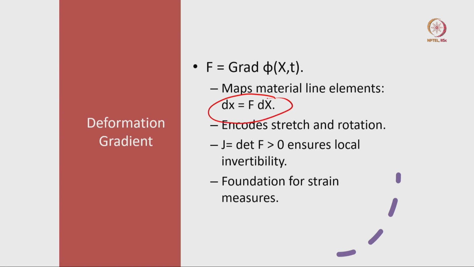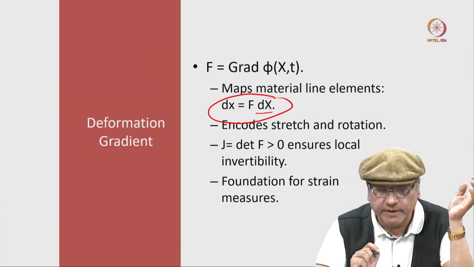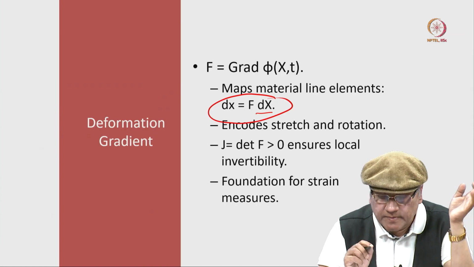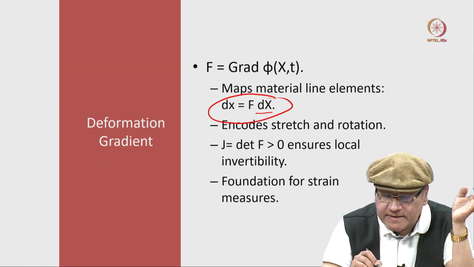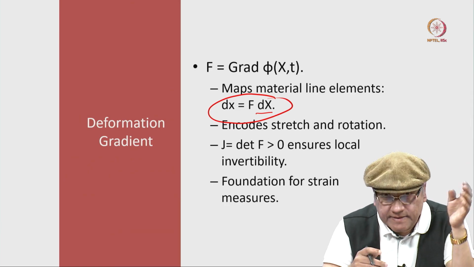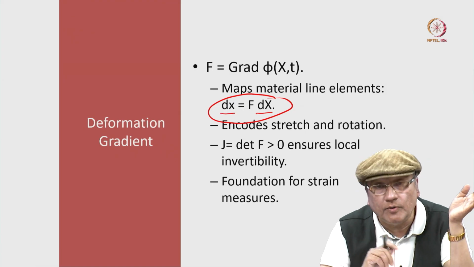So if you think of d capital X as a small line element in the material body, an infinitesimal line element, then the corresponding image of it under phi is given by F dx, which is d small x.